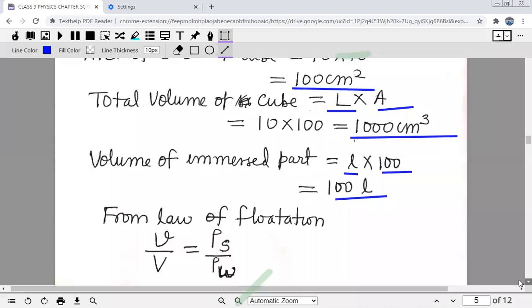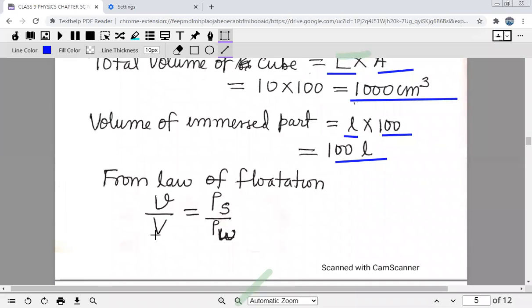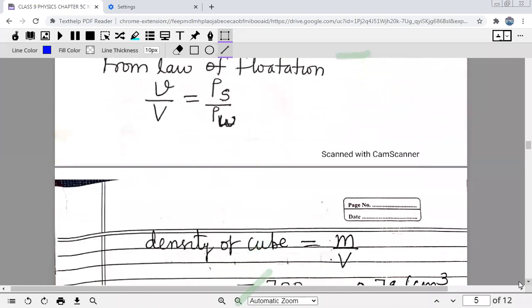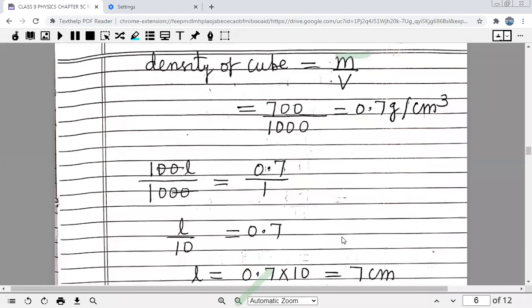So you apply the law of flotation. Small v upon capital V equals rho s upon rho w. What is small v? Small v is 100 l. What is capital V? It is 1000. So you substitute here: 100 l upon 1000.